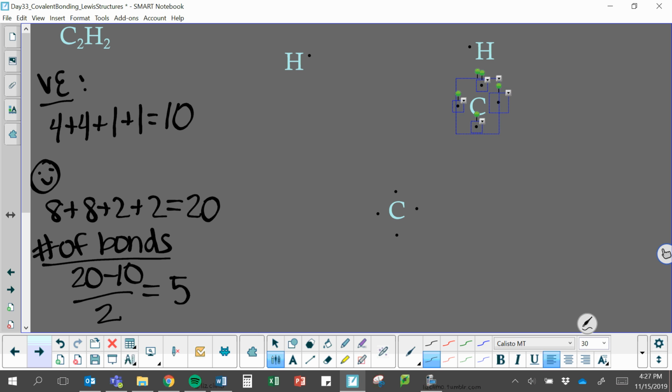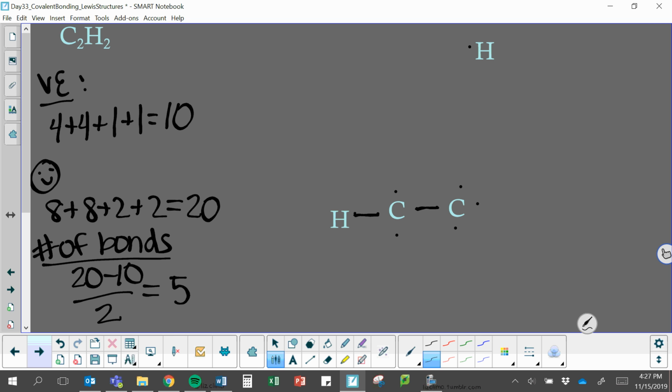So then we can place our other carbon around it and draw a bond. We can draw this hydrogen over and draw a bond. And so you might think initially that this hydrogen is going to go over here around the central atom, but it actually isn't.